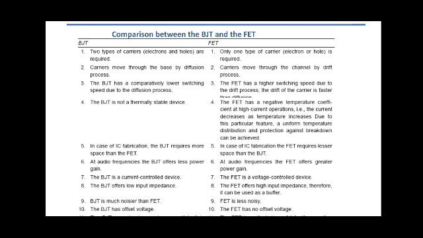Next, in a BJT the switching speed is slow. Both FET and BJT can be used for switching purposes. Switching means on and off. The application of switching is profoundly found in logical or digital circuits, where you will be using your transistor as a switch.